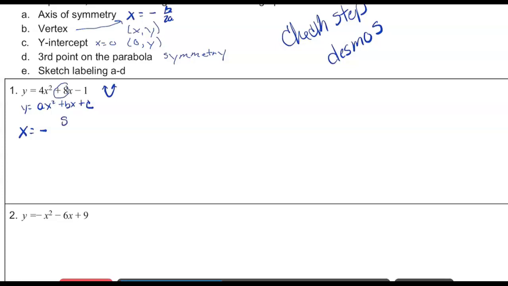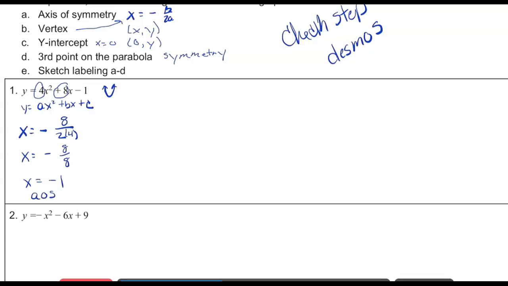So it's positive 8 over 2 times a, and the a here is a positive 4, so 2 times 4. So therefore x equals negative, well, 8 over 2 times 4 is 8, and 8 divided by 8 is 1, and I want the negative of that, so my x equals negative 1. There's my AOS, my axis of symmetry, x equals negative 1.